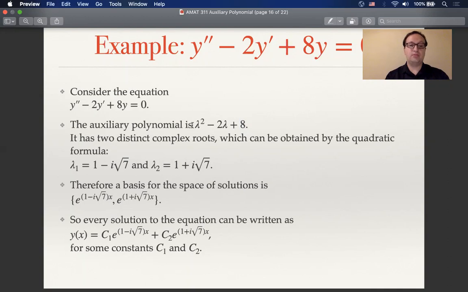Okay, so we want to find the roots of this polynomial, and to do that we solve the quadratic equation lambda squared minus 2 lambda plus 8 is equal to 0. This has two solutions.